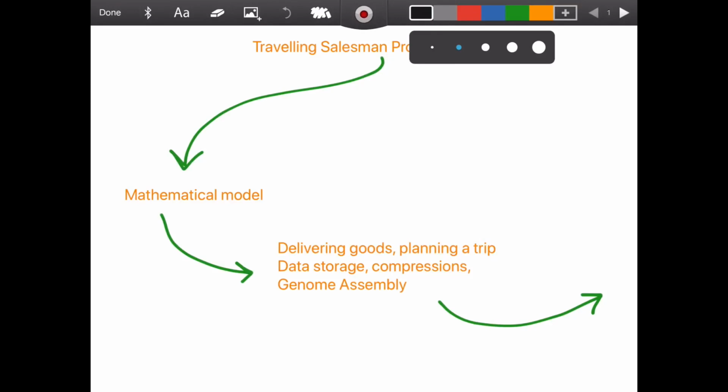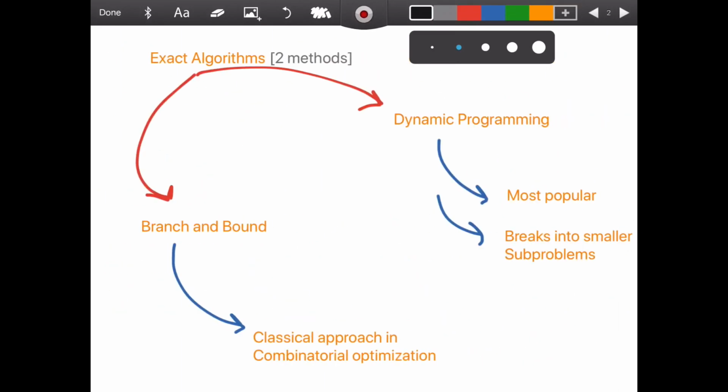All right, the second chapter that is going to be covered is the exact algorithms. That's what they call it. They're going to basically teach you two methods. One is branch and bound. It basically takes the permutation and combination method, which is also the classical approach in combinatorial optimization. The course also teaches you about combinatorial optimization.